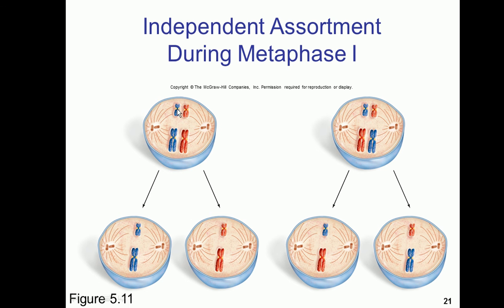Like in this one, both the blues are on this side and both the reds are on this side. But in this case, one blue is on this side, and for the other pair the blue is on the other side. In this combination, blue of this is on this side, but the red of this is on this side. So how one chromosome pair aligns is independent of the next one.